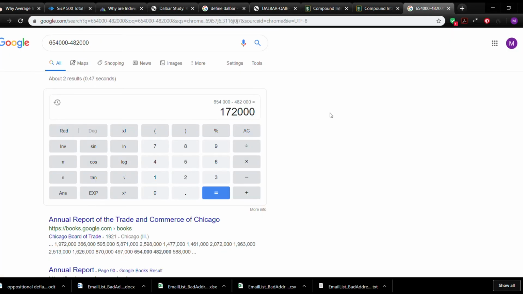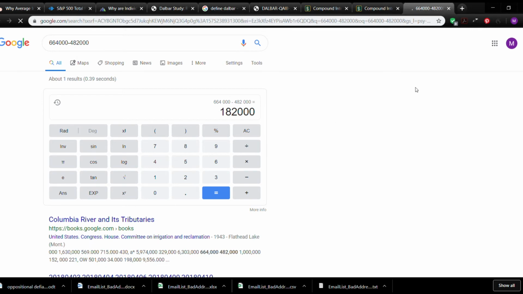That's a difference of $172,000, roughly, 654,000 to 482, or in the case of my calculation with a slightly higher number, that's a difference of $182,000. Where did the $182,000 go?